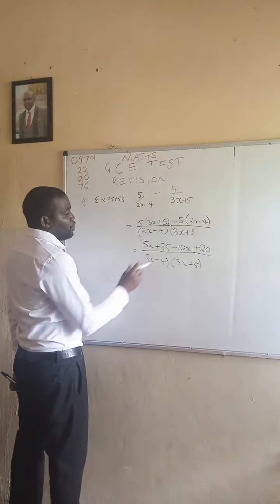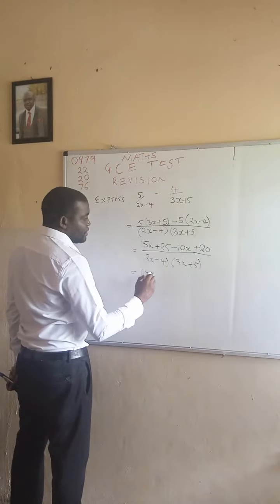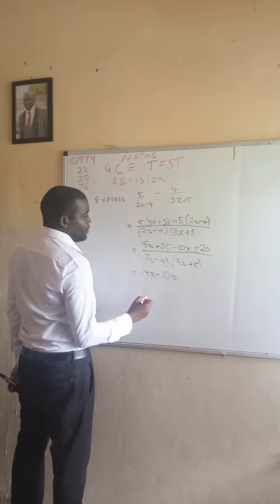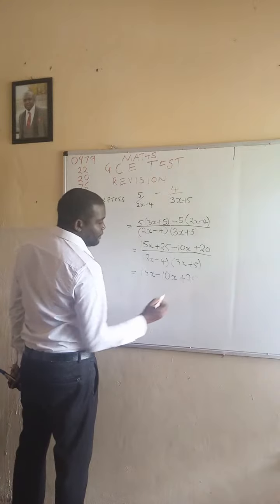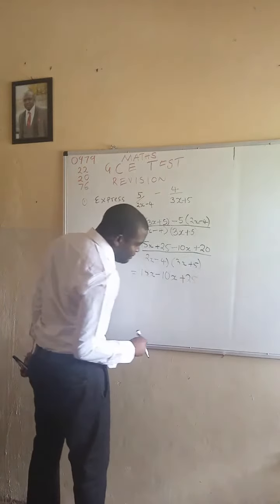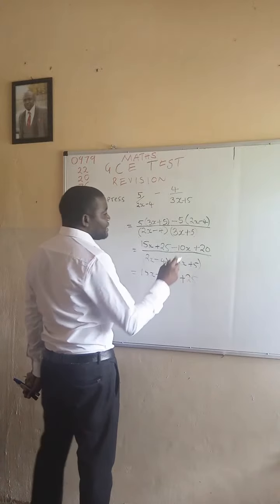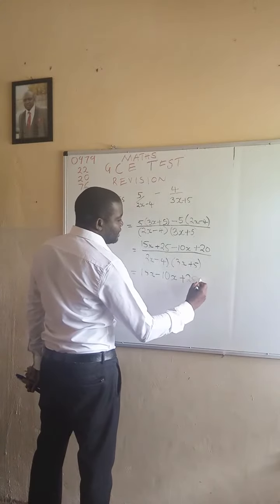Which is equal to, you group the like terms. 15x, you group it with minus 10x. Plus 25. 25, you group it with, so this 25, you actually group it with what? 25 plus 20.